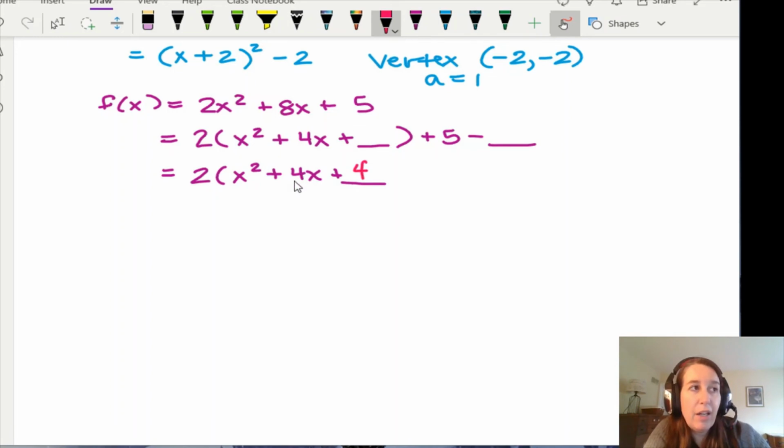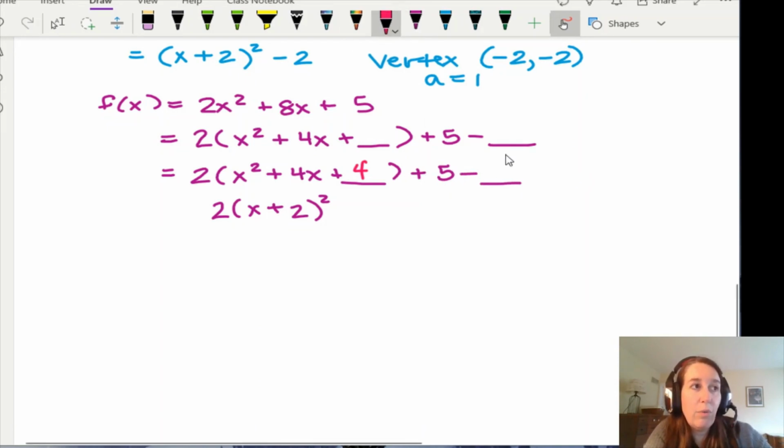Okay, because in the next step, you would have x plus half that middle term, 2, squared would be your completed square, right? And so half that middle term, and then the last term would be 2 times 2, or 2 squared, which is 4. All right, so here we have 5, and then minus.